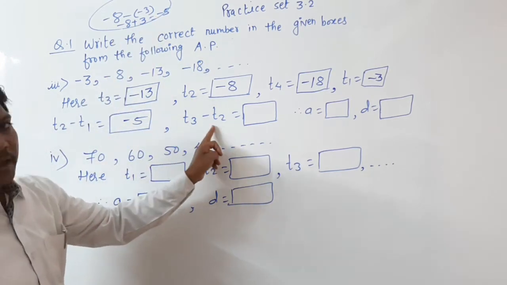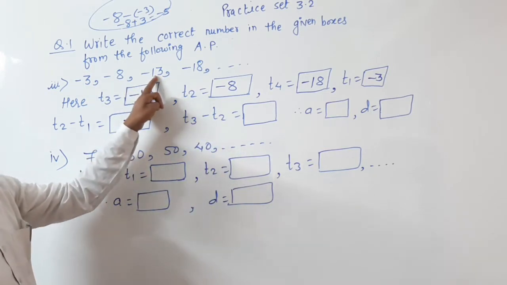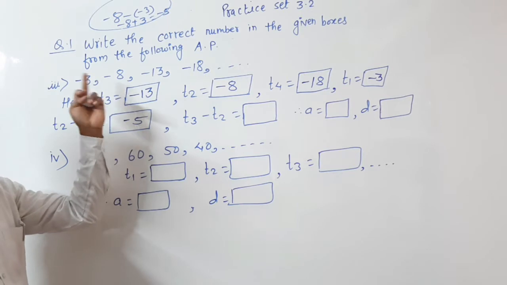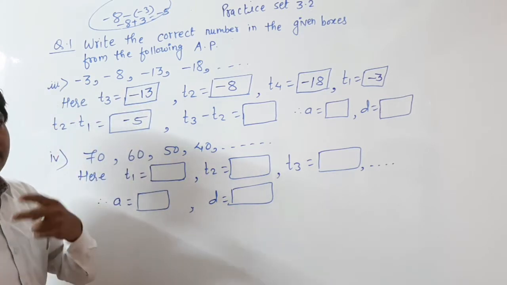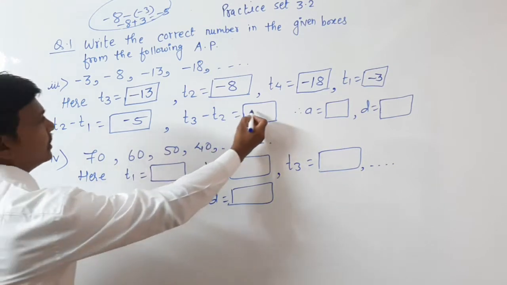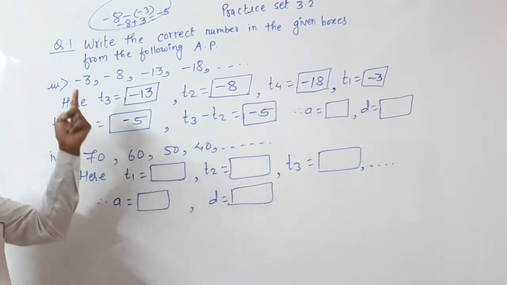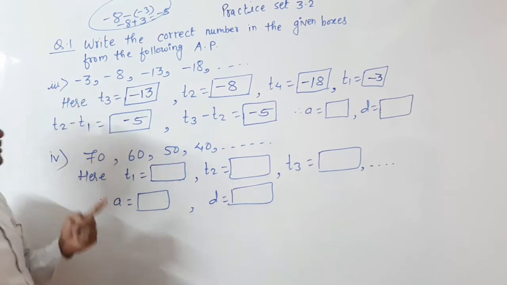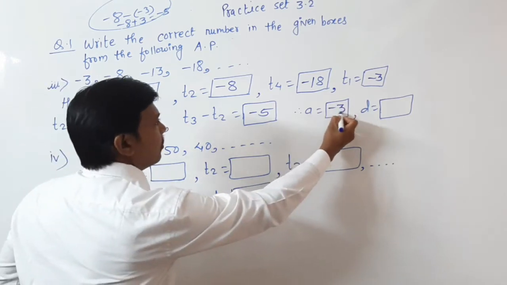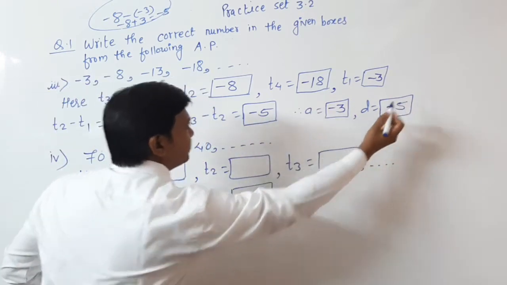Then T3 minus T2. T3 means minus 13 minus, in bracket, minus 8, that is plus 8. So minus 13 plus 8, again it is minus 5. So A means the first term, that is minus 3, and the common difference D is minus 5.